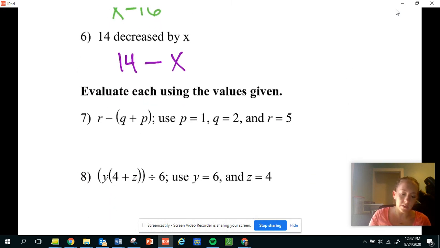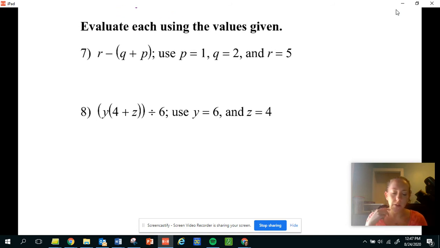Then the last thing that we're doing this week is evaluating expressions using the given values. So basically what that means is you just take the number and plug it in for whichever letter it gives you. For example, number 7, it says that R is 5. So I'm going to replace R with 5. Then I'm going to keep the minus, keep the parentheses.